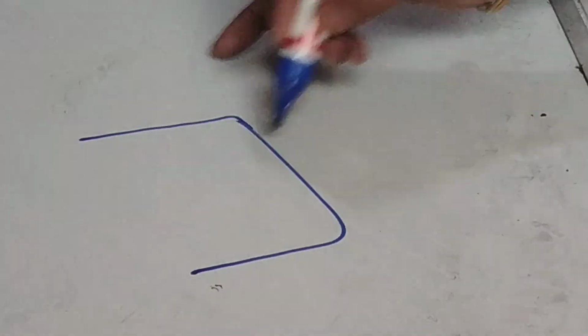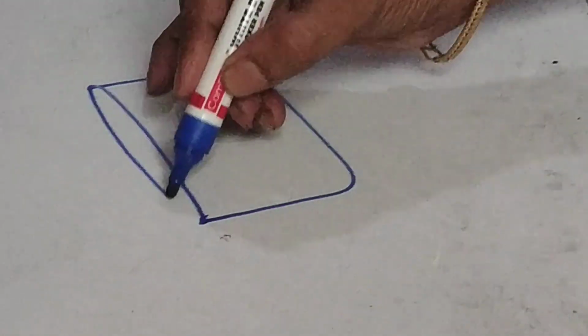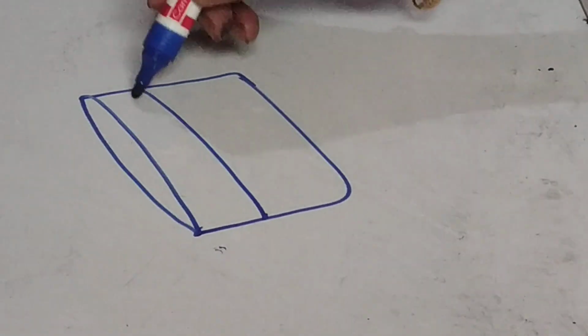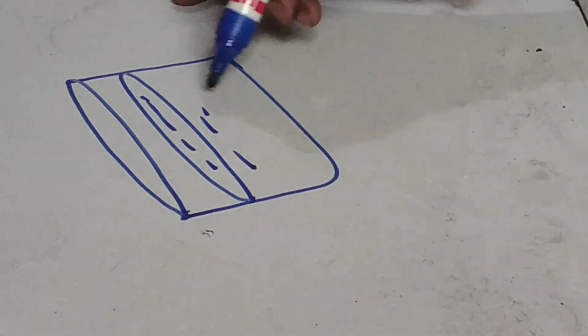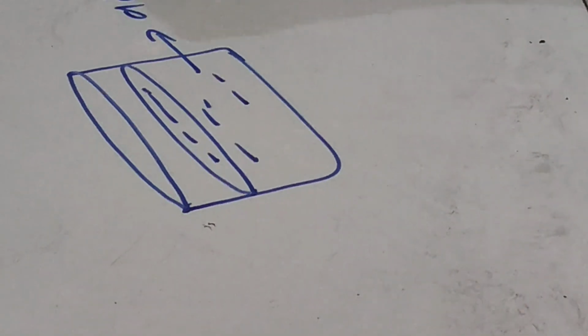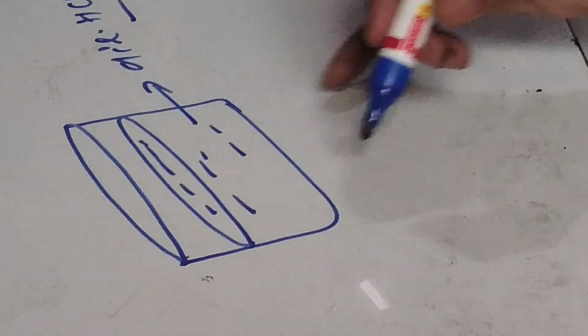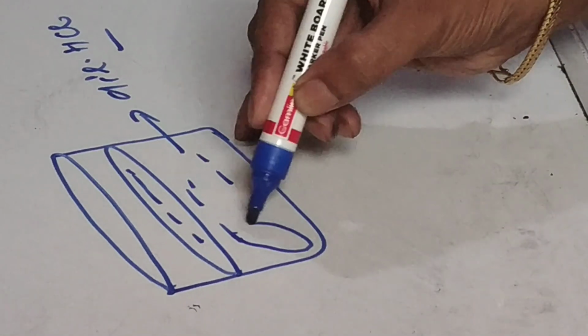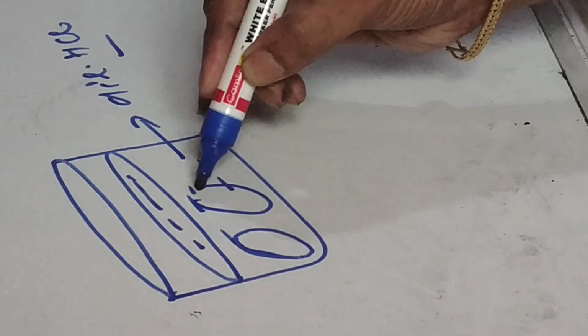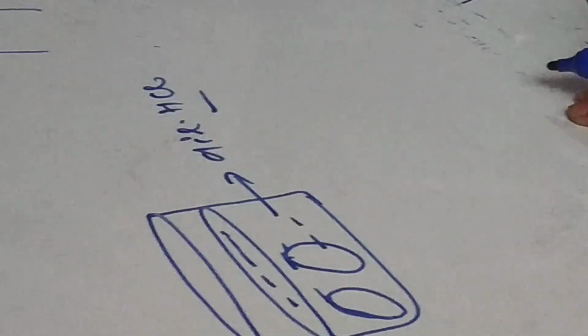If I want to take a container consisting of diluted HCl here, and I am putting 2 eggs here, then what will happen?